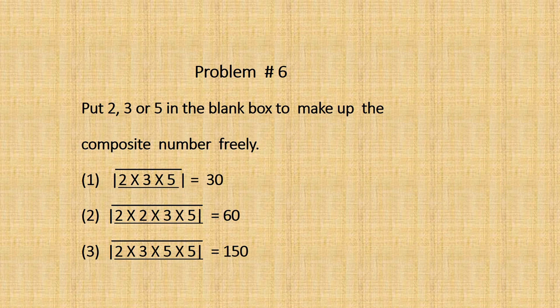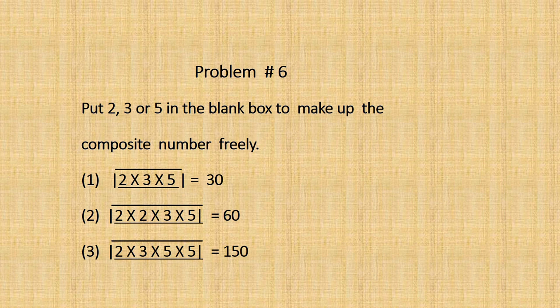In this way, we are finding the answers to 2 and 3 also. Number 2, I am taking 2 multiplied by 2 multiplied by 3 multiplied by 5. Answer will be 60. If you want to take 3 multiplied by 3 multiplied by 2 multiplied by 5, your answer will be okay.